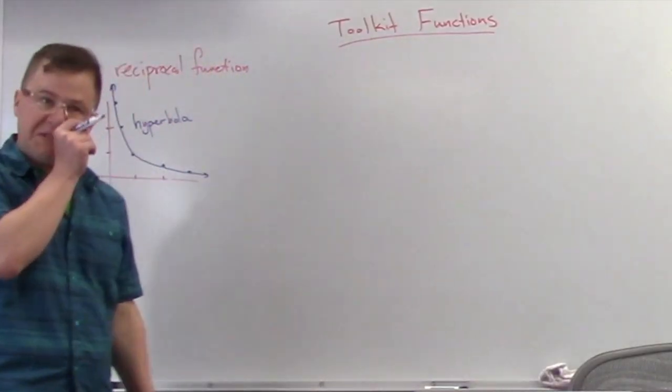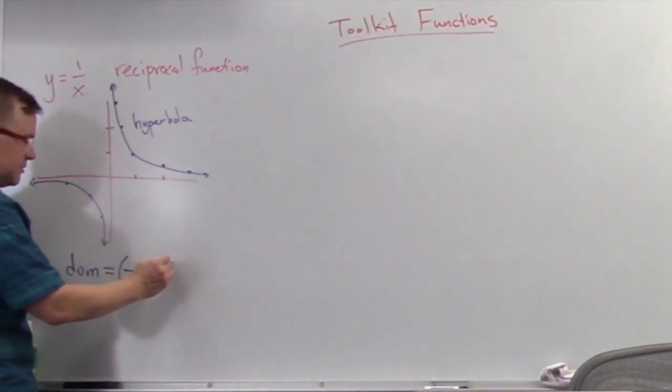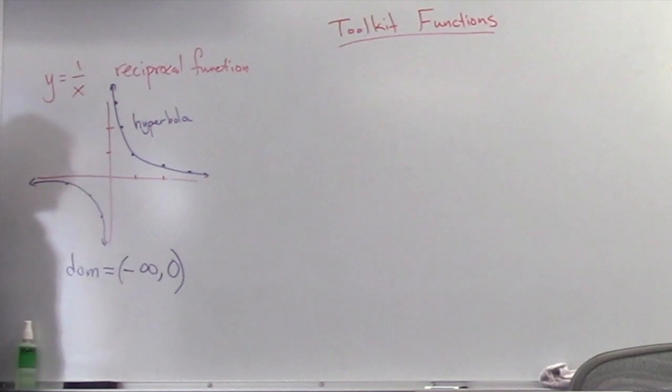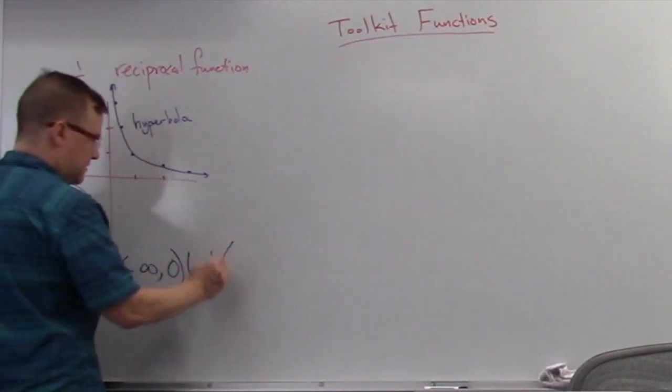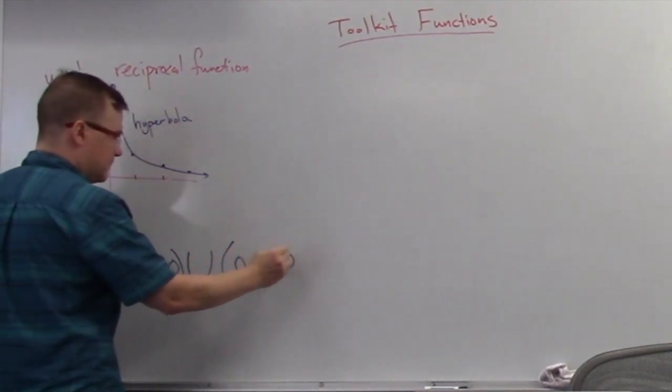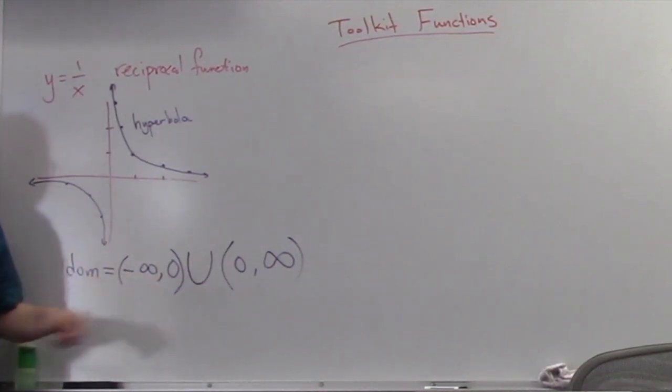If I want to say everything but 0, I would say that's everything from -infinity up to, but not including 0, along with, this is the union operator, it's just like an uppercase U, everything from 0 to infinity, not including 0. So you can see I use the round parenthesis next to the 0 here and here on purpose, right?